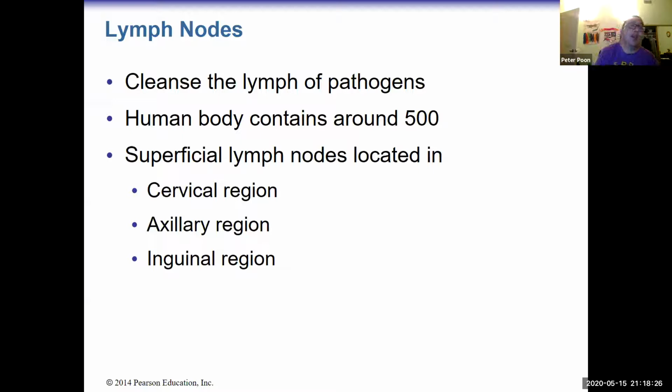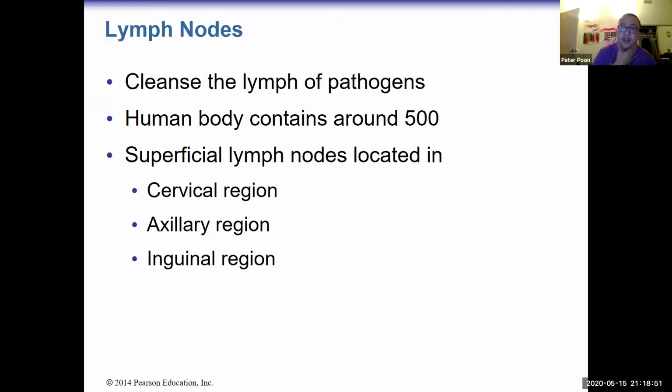All right. One thing you definitely do have to understand in the chapter is what the lymph nodes do. The lymph node cleanses the lymph of pathogens. There are three main clusters: cervical, axillary, and inguinal.